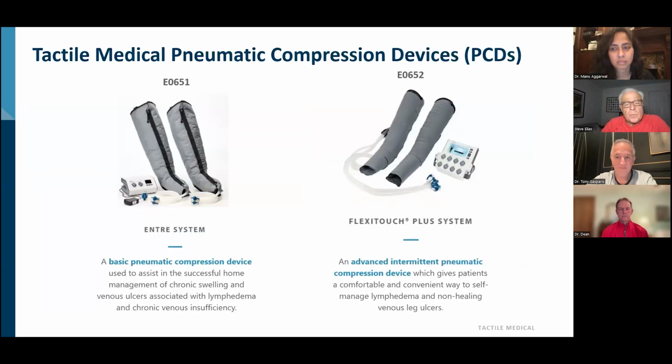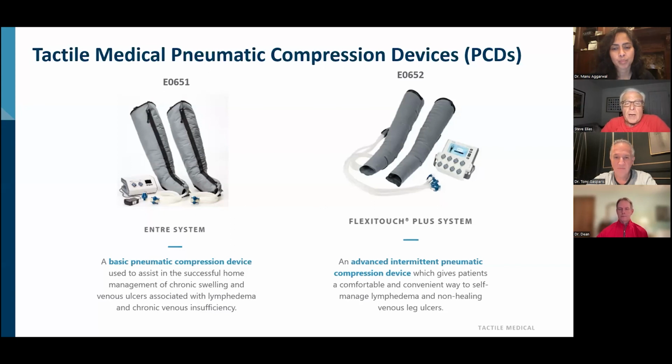Good. So the basic pneumatic compression, the Entree system you can see here, is really good for chronic swelling, venous ulcers associated with lymphedema, and chronic venous insufficiency. And you can see they both go up the entire extremity. The Entree is really more of a zipper type of device, and the FlexiTouch is a Velcro type of device, which we'll get into in a little more specifics.